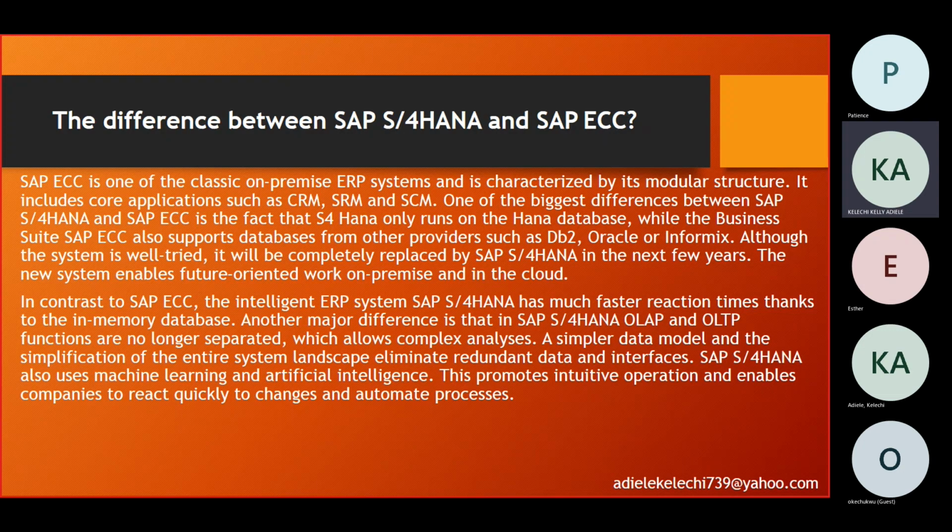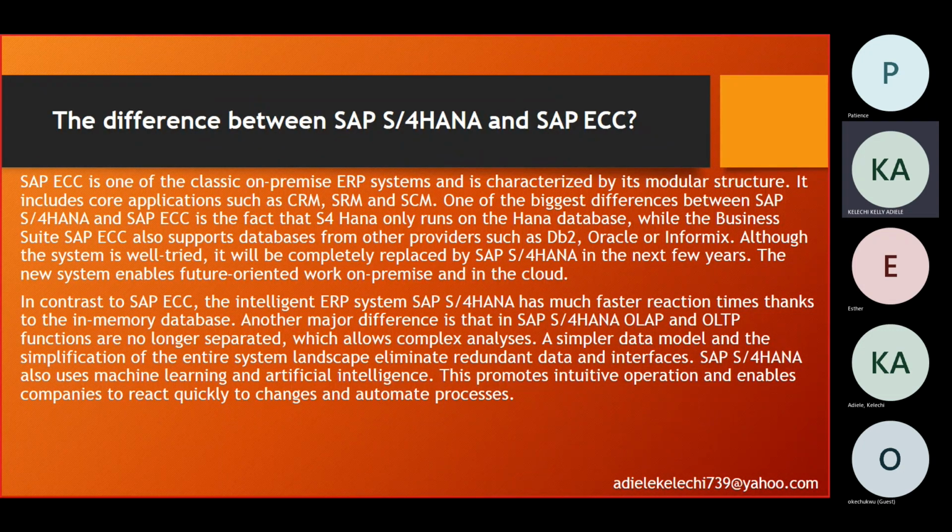So what this helps to do is to process transactions at very high speed and analyze transactions at a very high speed. To do this in ECC takes a lot of time. Processing data and analyzing takes a lot of time.